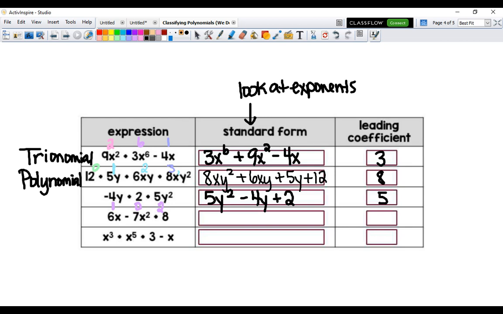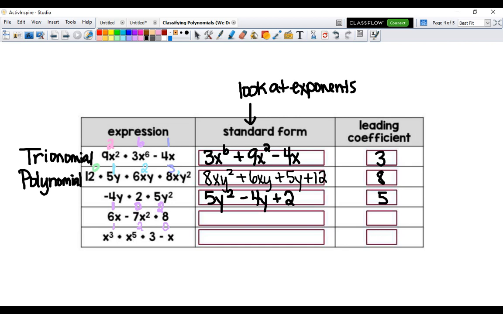6x minus 7x squared plus 8. 6x has an exponent of 1 because there's no number in front of it. Negative 7x squared has an exponent, aka a degree, of 2. And 8 doesn't have a variable, so there is no degree. So I need to put them in order, depending on the degrees, from the greatest to the least.